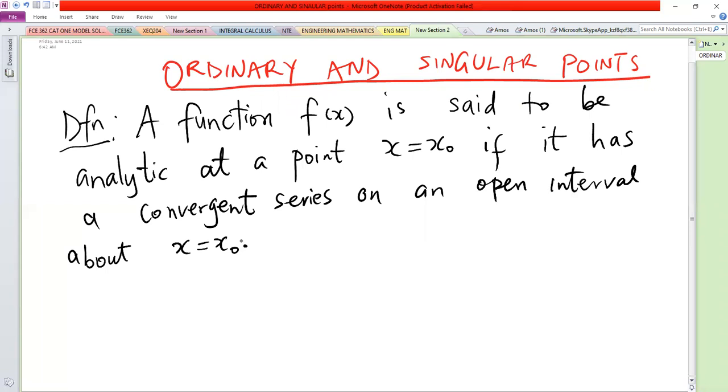So this is the definition of an analytic function at a point x naught.